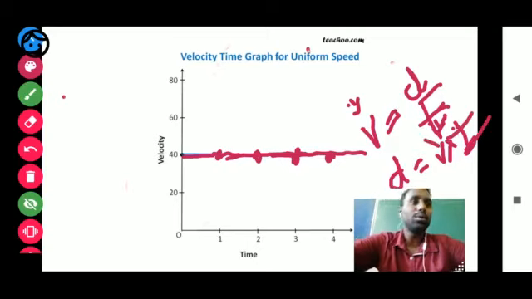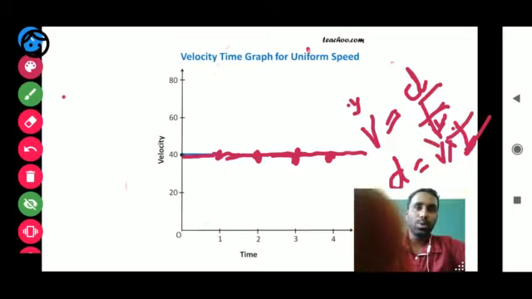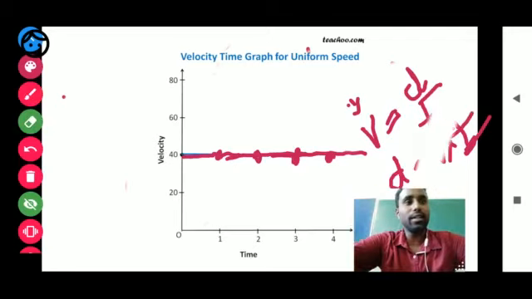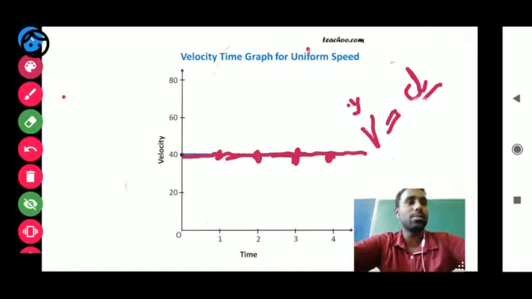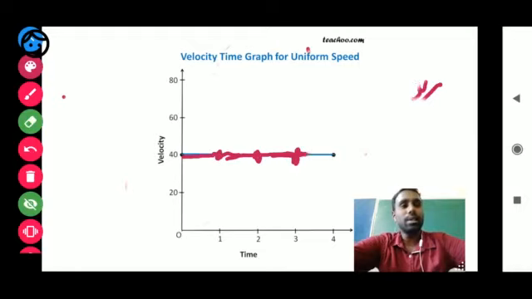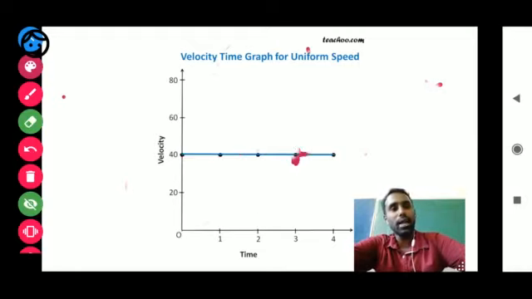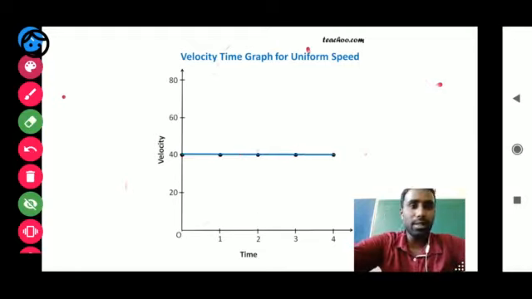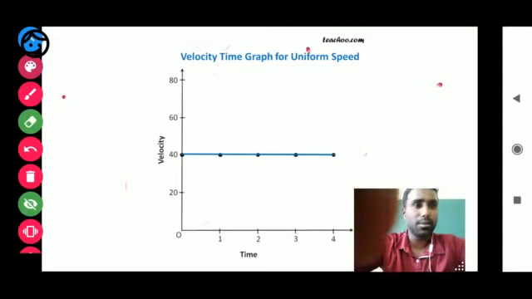In this manner, we can find how much distance or displacement is covered from the velocity-time graph. So from the velocity-time graph, we can find the distance or displacement easily.